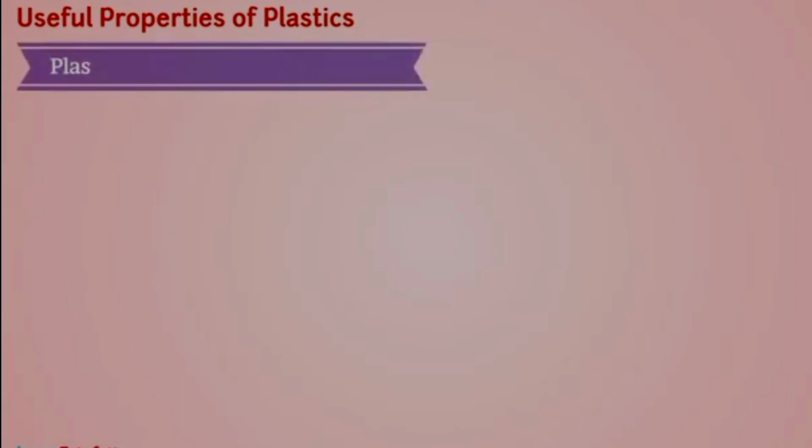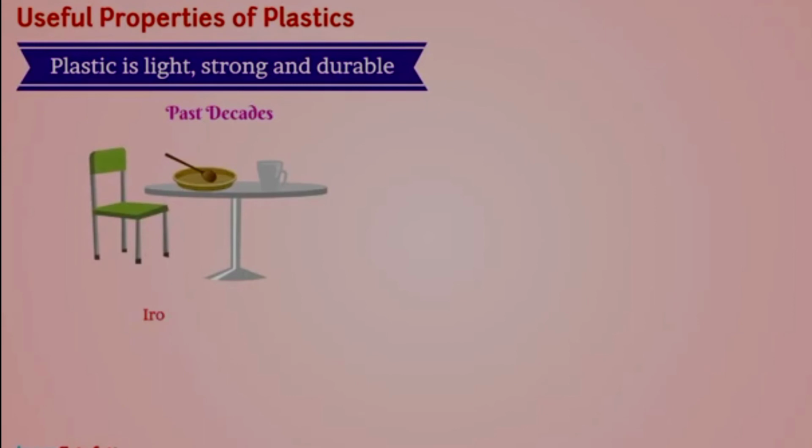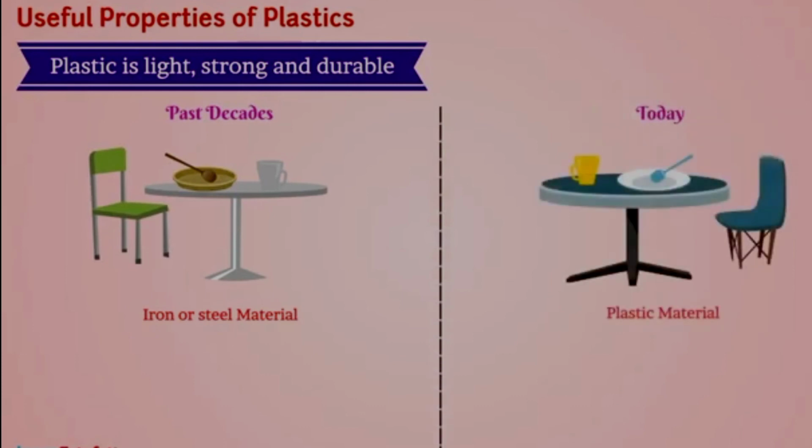The next property that we are going to talk about is that plastic is light, strong, and durable. In past decades, we were using articles made of iron and steel. However, today plastics replace their use in our lives. Why?